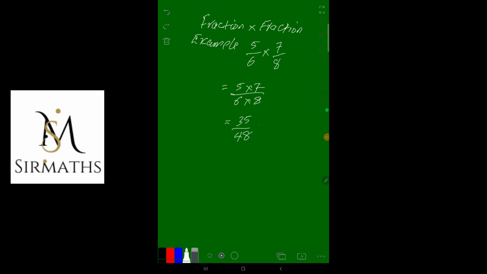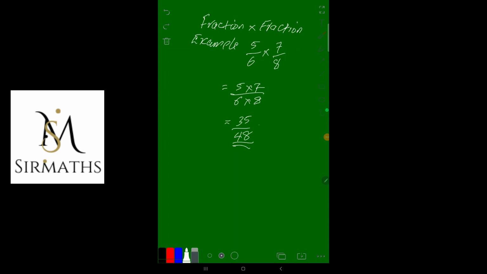Yes, 5 can divide 35, but 5 cannot divide 48 without a remainder. 7 can divide 35, but 7 cannot divide 48 without a remainder. And 2 can divide 48, but cannot divide 35, and so on. So when there is no factor that can divide, or if it's not possible to simplify to the lowest term, we stop there. So this is our answer to this effect.